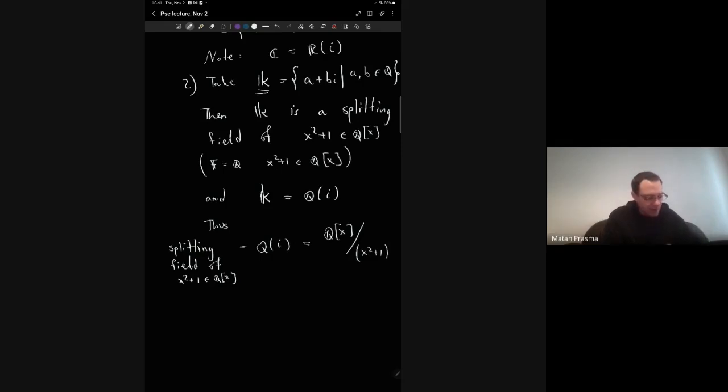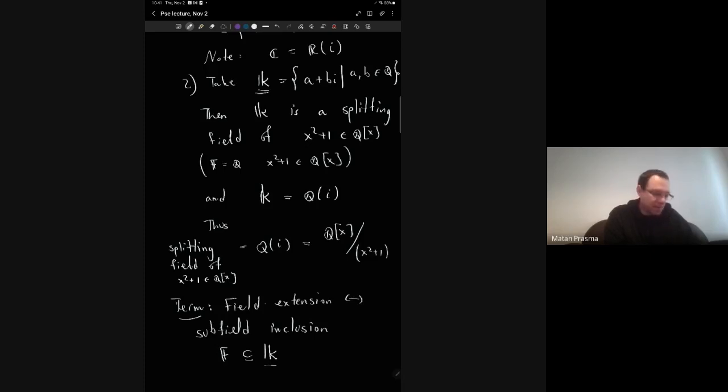So the terminology field extension is the same as a subfield inclusion, let's say F into K. It means that K is a field and F is a subfield.